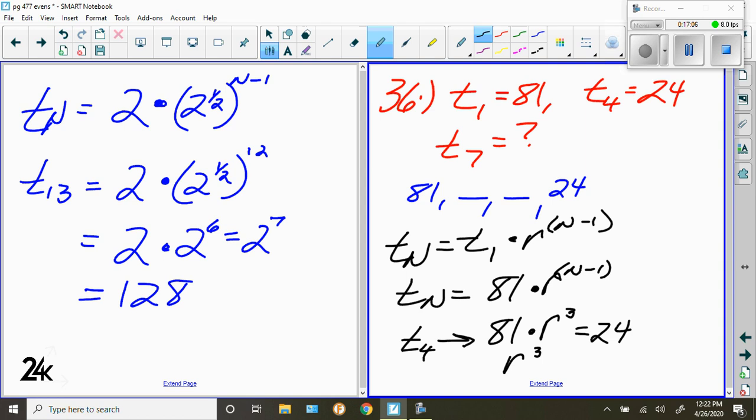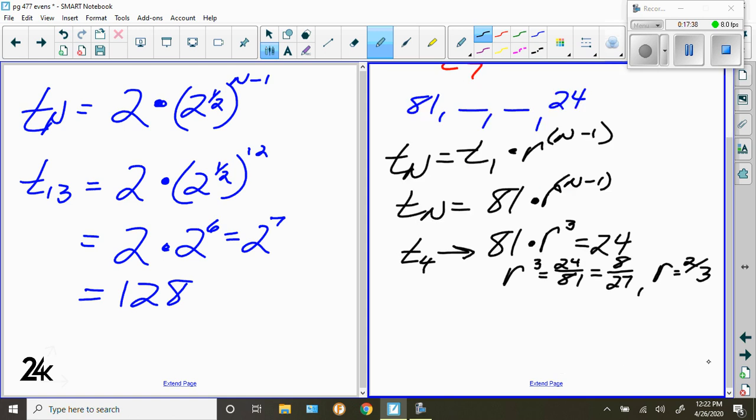Divide by 81, and everybody knows that 24 over 81 reduces by 3 to give you 8 over 27. 8 is a perfect cube. 27 is a perfect cube. If I do the cube root of those, r is 2/3.